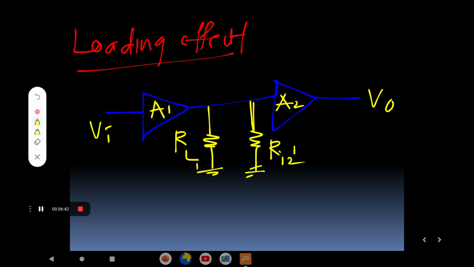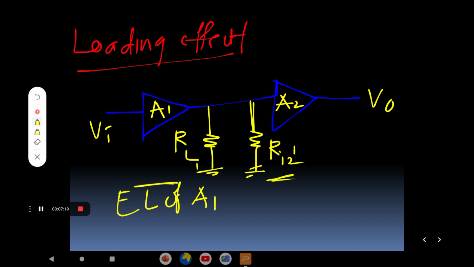Now, what is meant by loading effect? The loading effect is when the A1 amplifier and the A2 amplifier are connected in cascade, the effective load of A1 can be obtained by considering the effective input resistance of the second amplifier. That is generally called the loading effect. So how do we consider this?